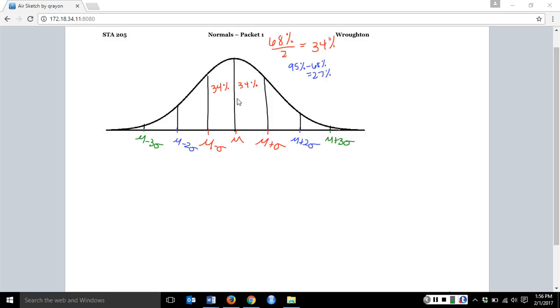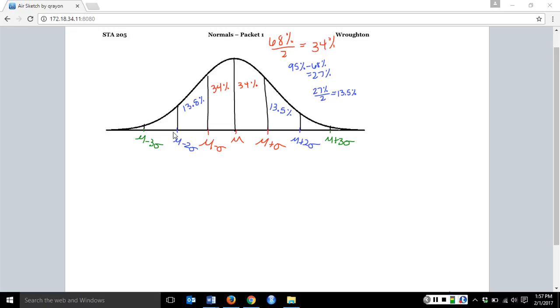I've already put 68% in two of the pieces. So I can only add 27% more between these two pieces. Again, it's symmetric. So I'm just going to divide that by 2 to figure out how much is put into each piece. So here I'm going to have 13.5%. Here I will also have 13.5%. And again, if I add up all four of those numbers, I still get the 95% that I had on my previous picture.